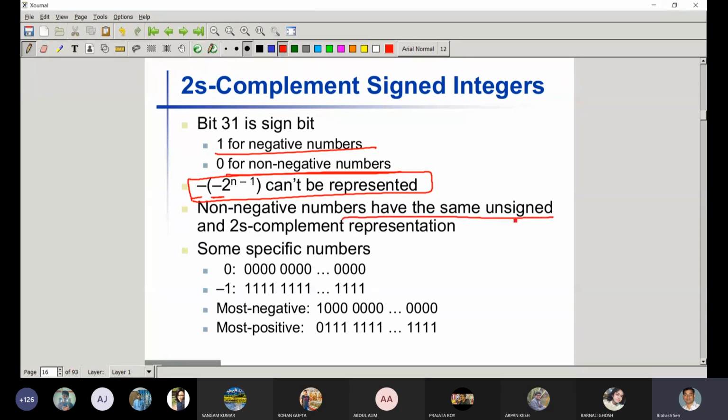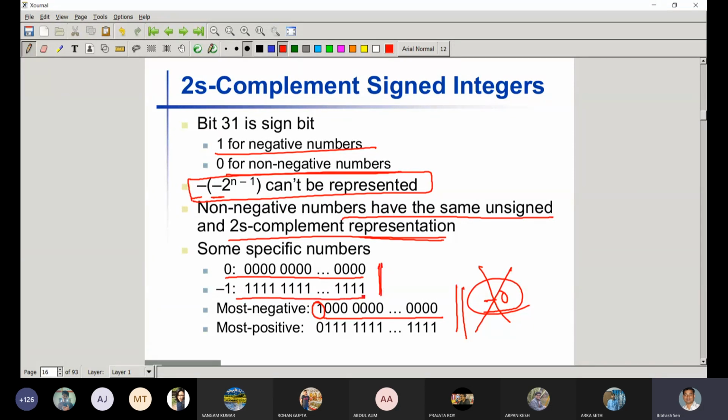Non-negative numbers have the same unsigned and two's complement representation. So I have given some specific example there. It is 0, but I have given here 1. So in your case it will be minus 0, but that is not accessible or not useful. So these are the two specific numbers you just mentioned.